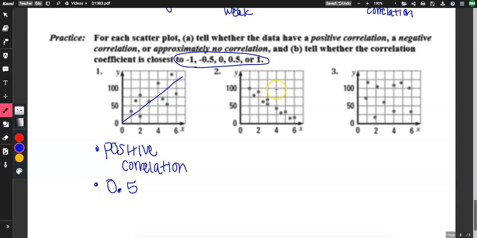Okay. Number 2, whoa, that's a bad line of best fit, but you get the idea. That's a negative. So it's going to be one of my negative options. This looks very strong. They're really close together. So I'm going to say -1 here. It might really be more like -0.99 on the calculator or -0.98.